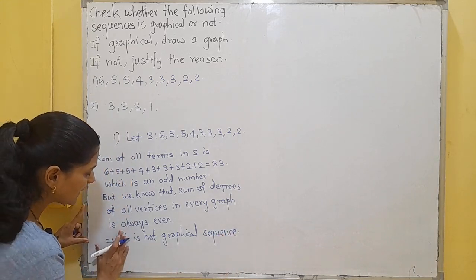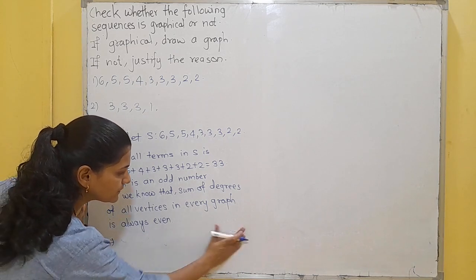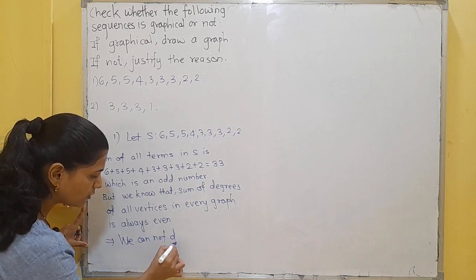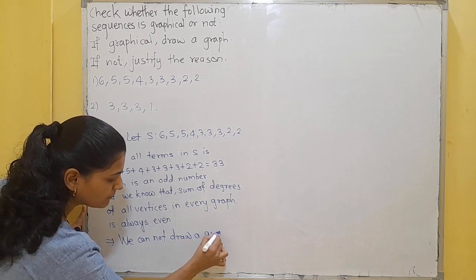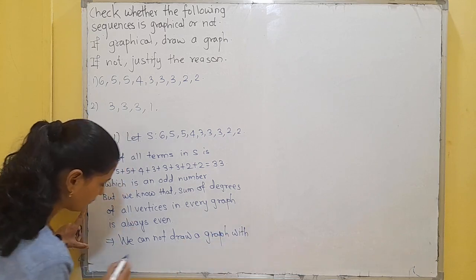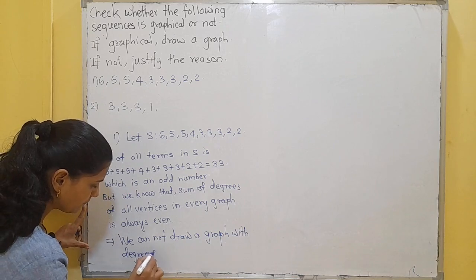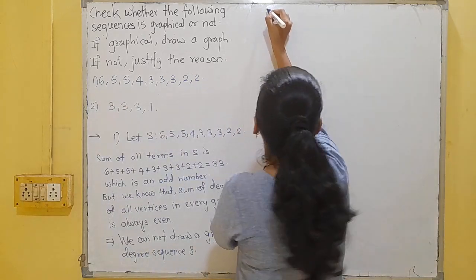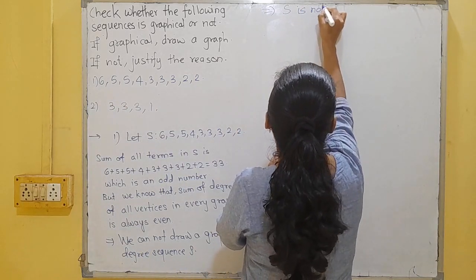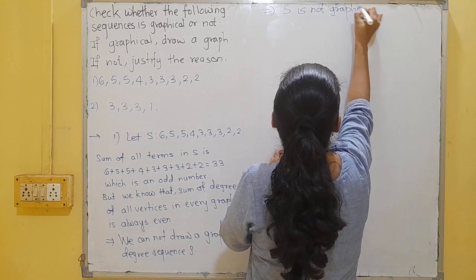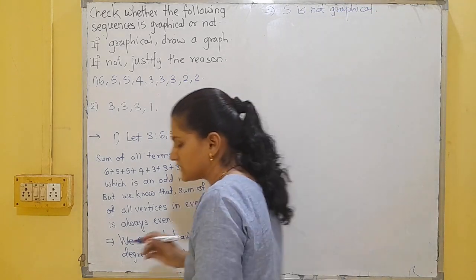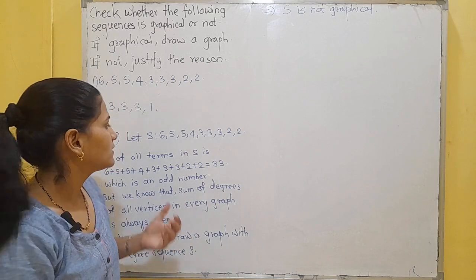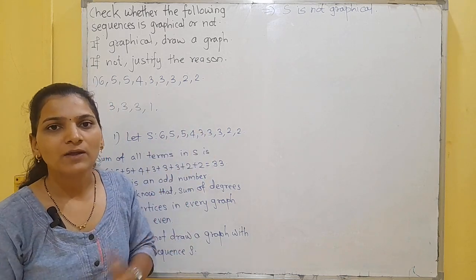Or we can write, we cannot draw a graph with degree sequence S. Since the first condition is not satisfied, we are not going to check whether the number of odd terms in the sequence is odd or even.